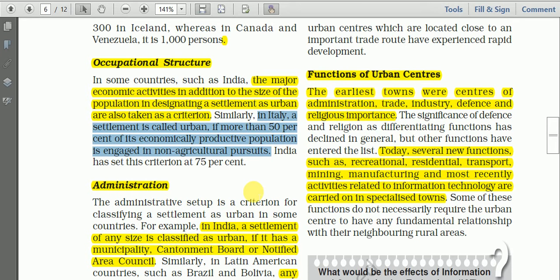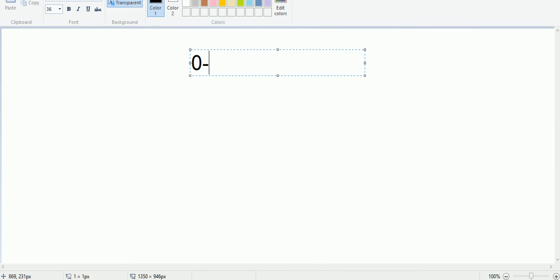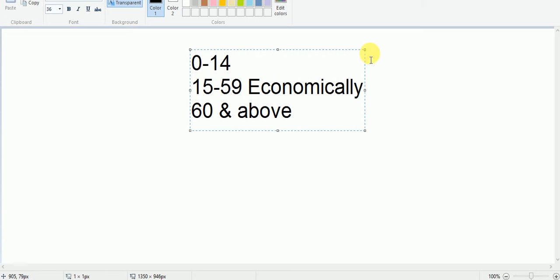Economically productive population means, in geography we have three age groups: 0 to 14, known as young or children, then 15 to 59, which we call adult or economically productive population, then 60 and above.